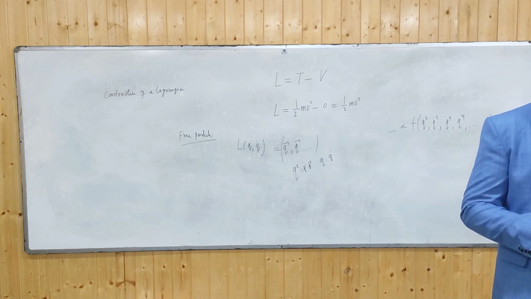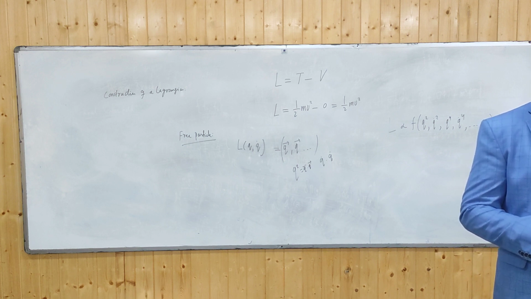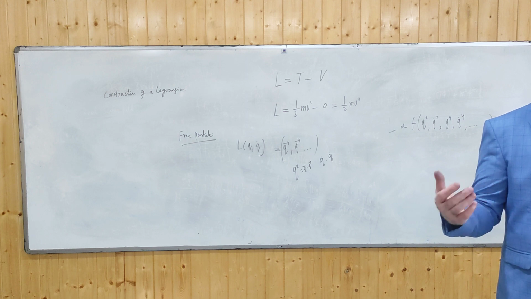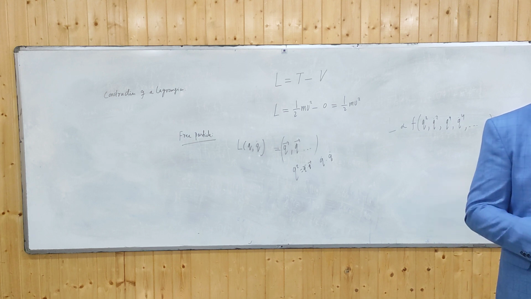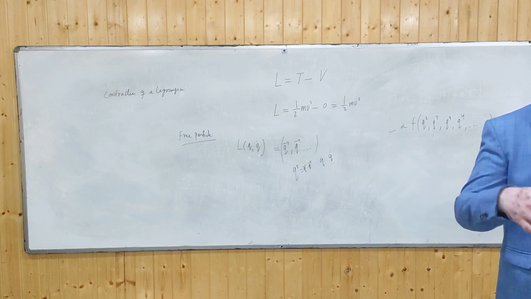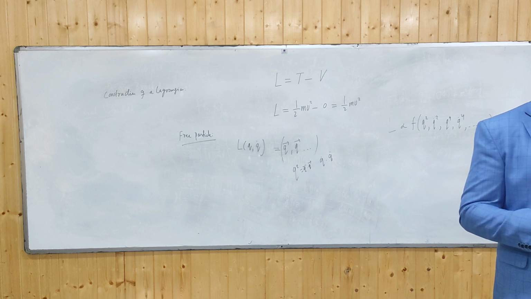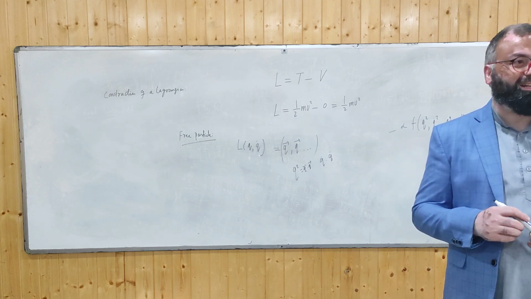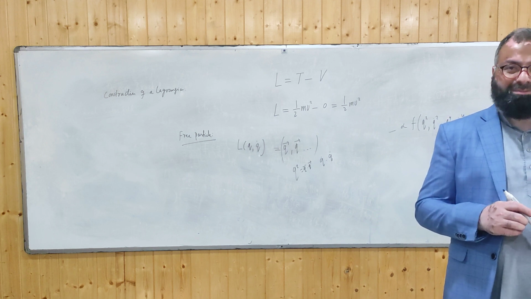So q square will violate the translation. It will not be invariant, because if you take q to q plus a, then q square becomes q square plus a square, and a constant term will pop up. Clear? So now you can ignore the coordinates. It should only depend on the even powers of q dot square.